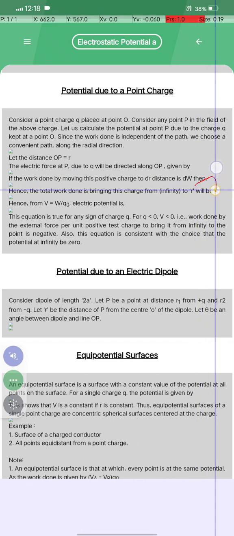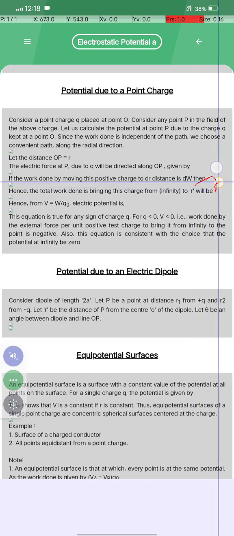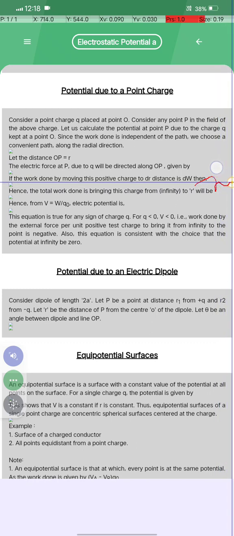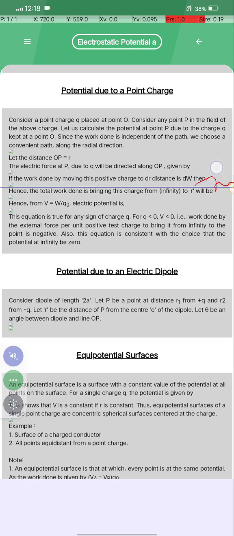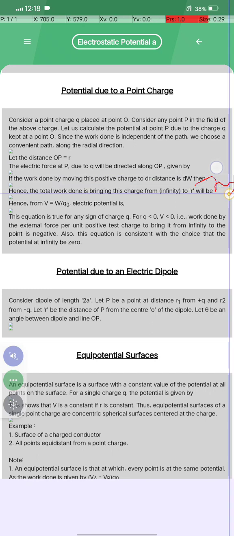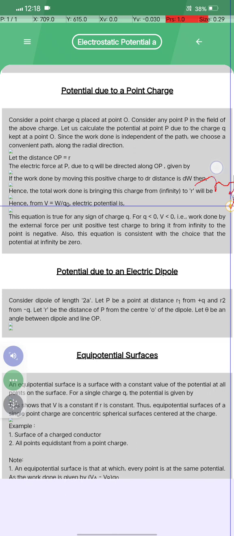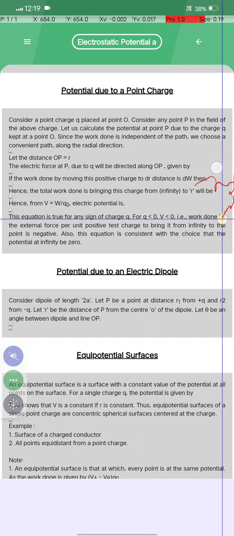If the work done by moving this positive charge through a small distance dr is dW, then hence the total work done in bringing this charge from infinity to R will be, and hence from V is equal to W by Q naught, the electric potential is this.